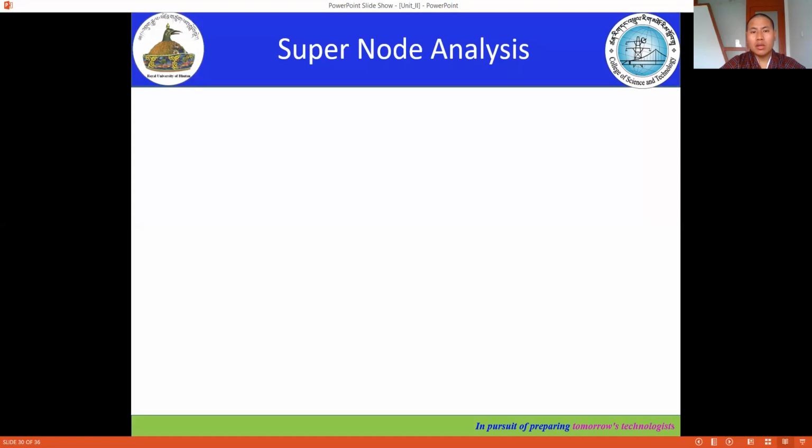Now, in case of the super node analysis, this is also an application of Kirchhoff's current law. In super node, we also have to apply Kirchhoff's voltage law. Similar to the super mesh analysis, we have to apply both of Kirchhoff's laws.